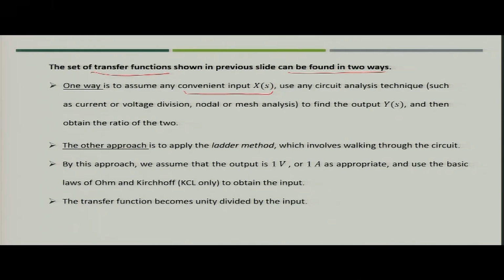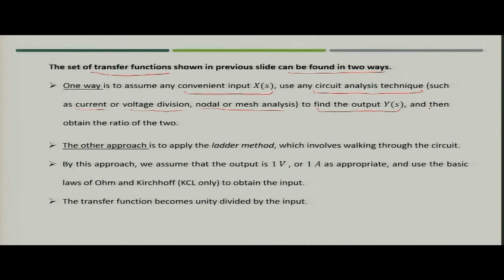This input can be either a unit impulse or maybe a unit step function, unit ramp, whatever it is, you can assume a convenient input. Now, you will use the circuit analysis techniques we discussed in our previous lectures, like current or voltage division or nodal or mesh analysis. You can apply those techniques and find the output Y(s).